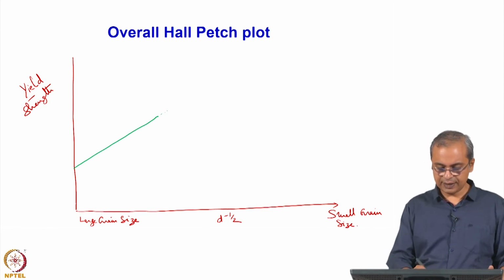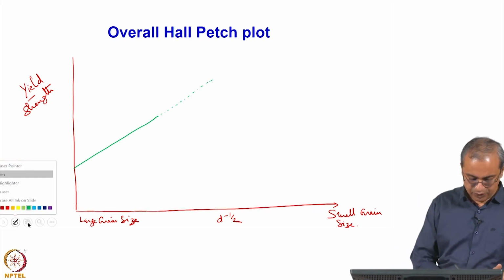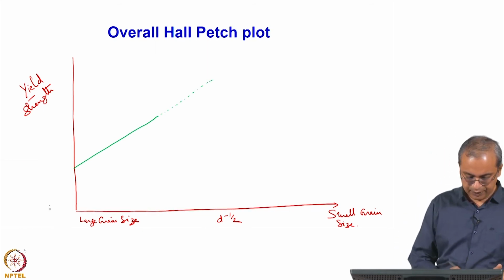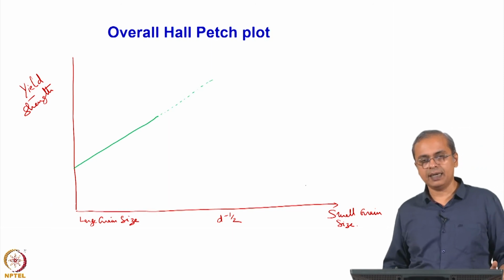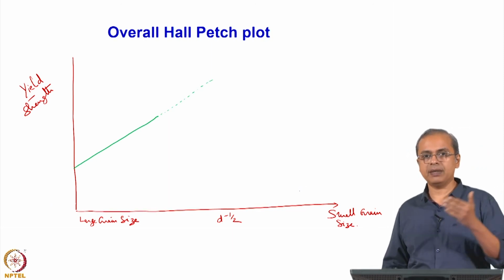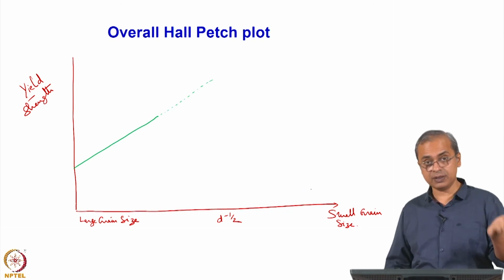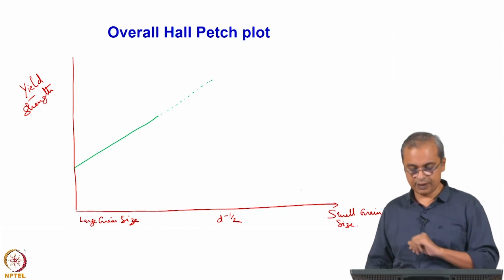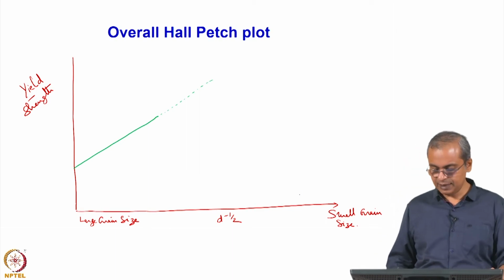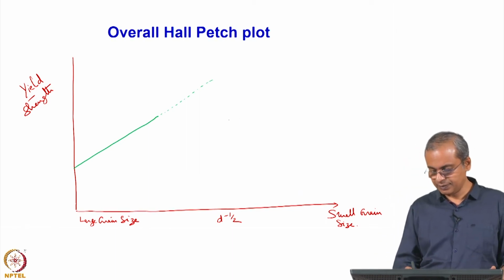So, you can extrapolate that, and then when you go to very small grain sizes and you look at what is happening to the strength as a function of grain size, you see a trend that looks like this.